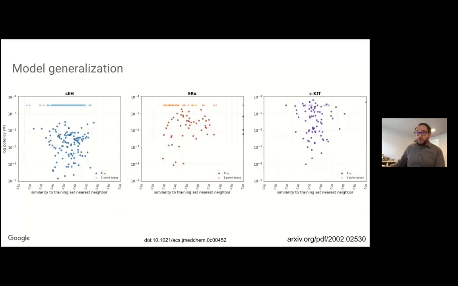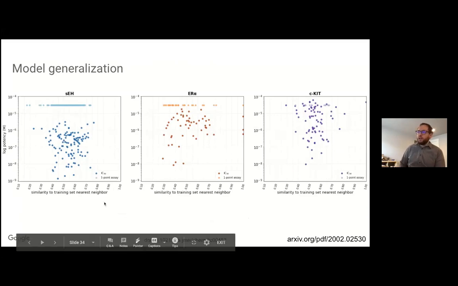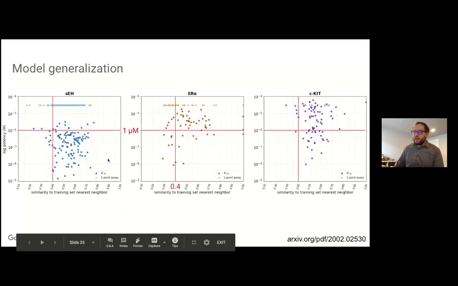If we dive a little deeper into these hit rates, these plots here show potency on the y-axis and similarity to the nearest neighbor in the training set on the x-axis. Here we were really trying to dig into the question of whether our models were actually generalizing. I'll throw in a couple of helpful guides here.